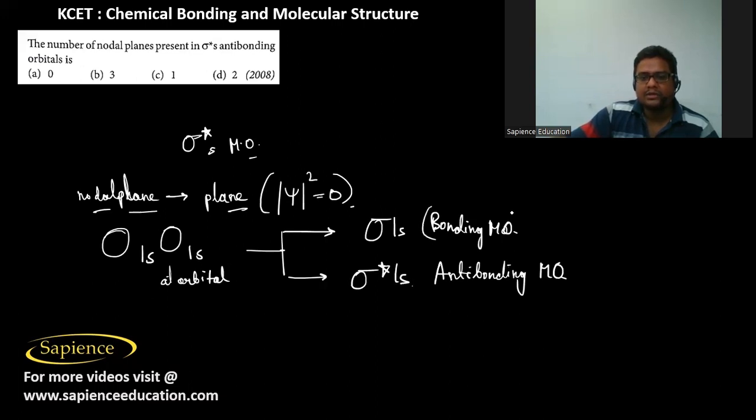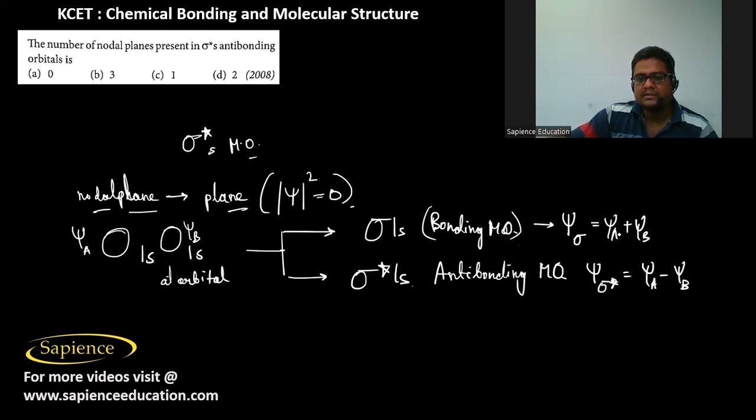Now, the bonding molecular orbital is formed due to the addition of these two wave functions. Let's say the wave function of this 1s orbital is psi a, and for this one is psi b. Then psi of sigma bonding molecular orbital is psi a plus psi b, and psi of sigma star will be equal to psi a minus psi b.